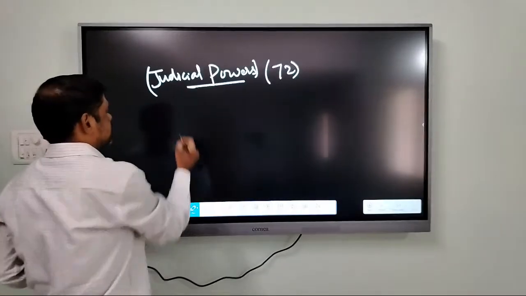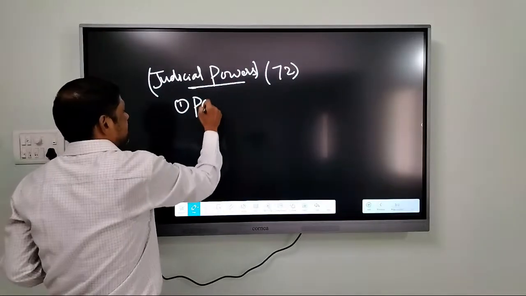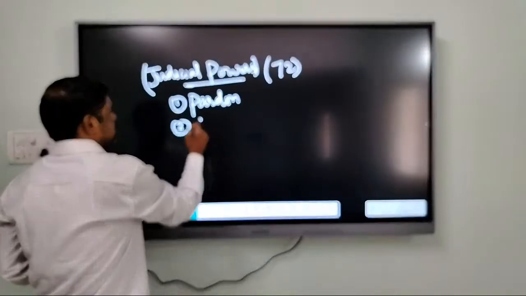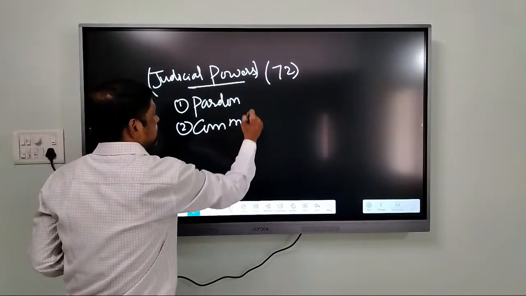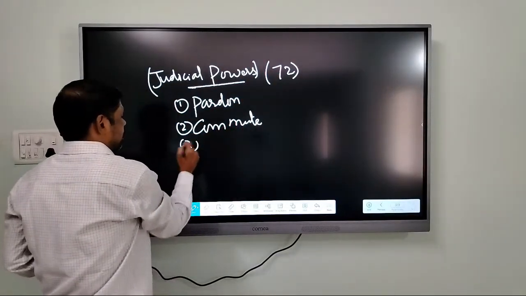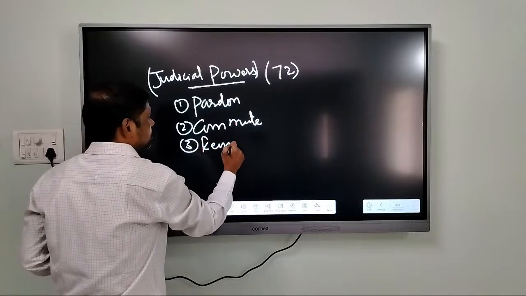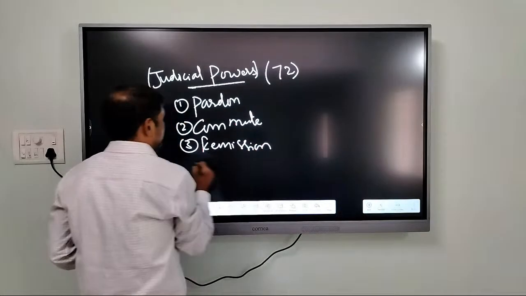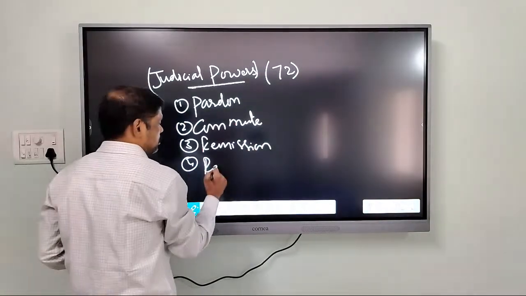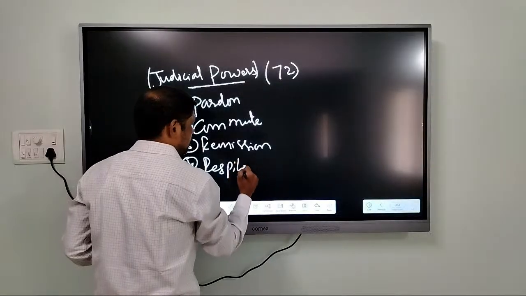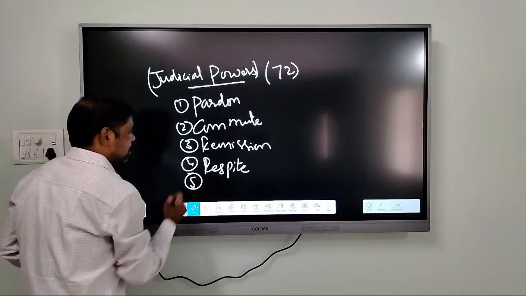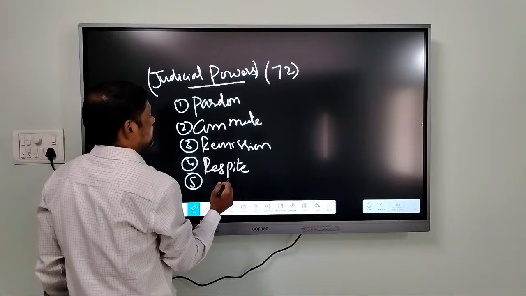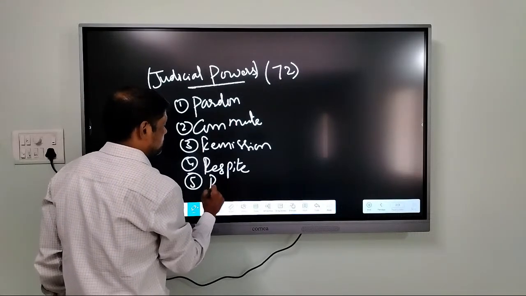Coming to the judicial powers, it includes pardoning powers: power to pardon, commute, remit, that is remission, providing of respite, then reprieve.